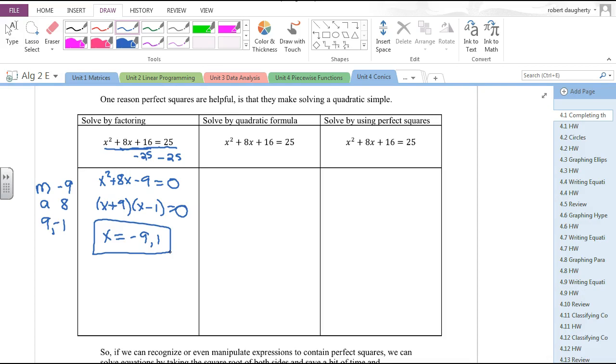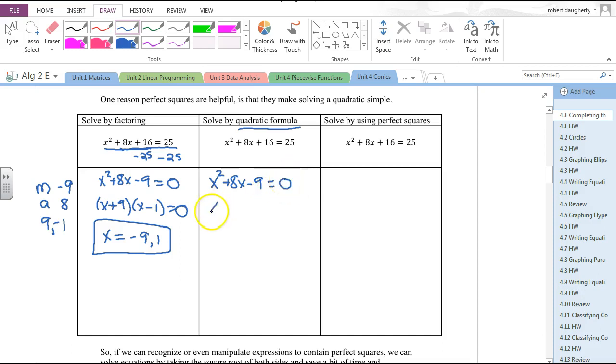Another way of solving, and many of you showed allergies to this on the test, was the quadratic formula. So you need to figure out how to get over this. Again, the quadratic formula is for something set equal to 0. So x squared plus 8x minus 9 equals 0.